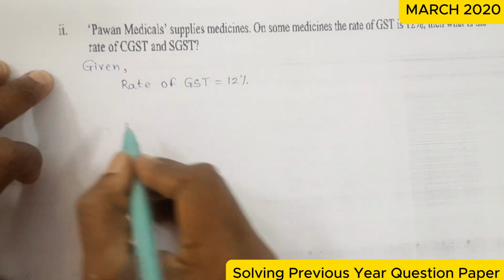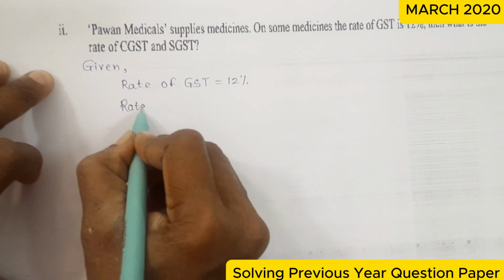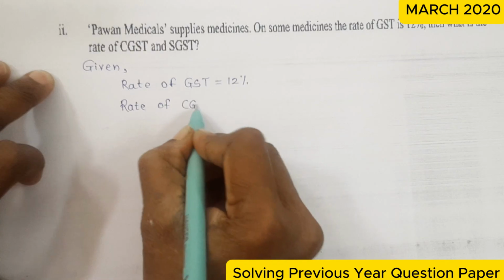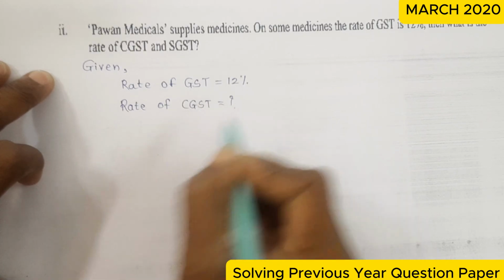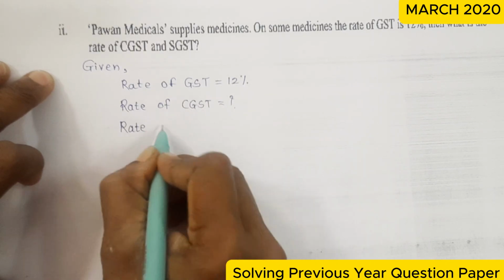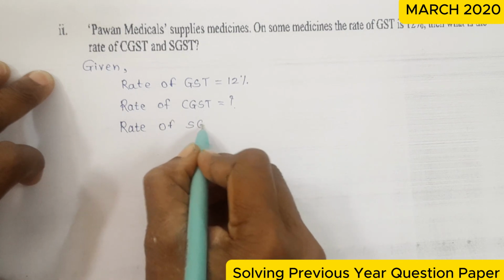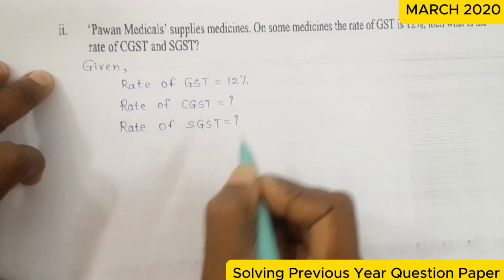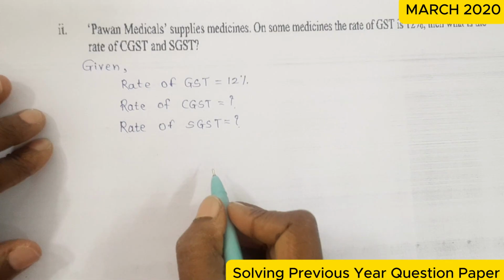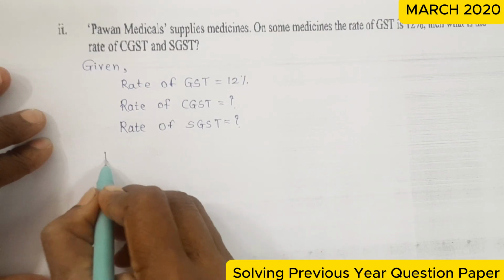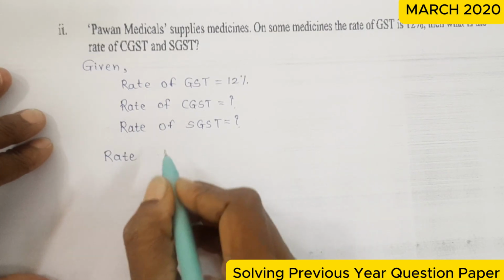What is the rate of CGST? So here rate of CGST is equal to question mark. Rate of SGST is equal to question mark. So now here students, we know how we can find out the rate of CGST and SGST.